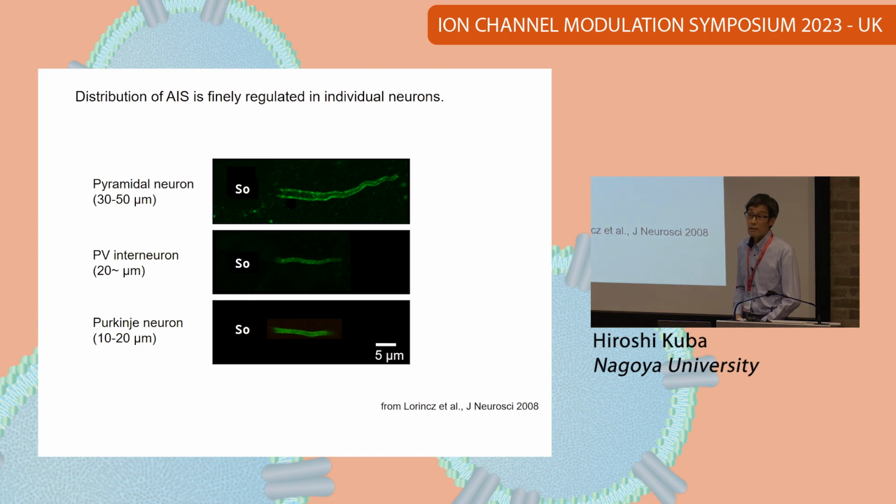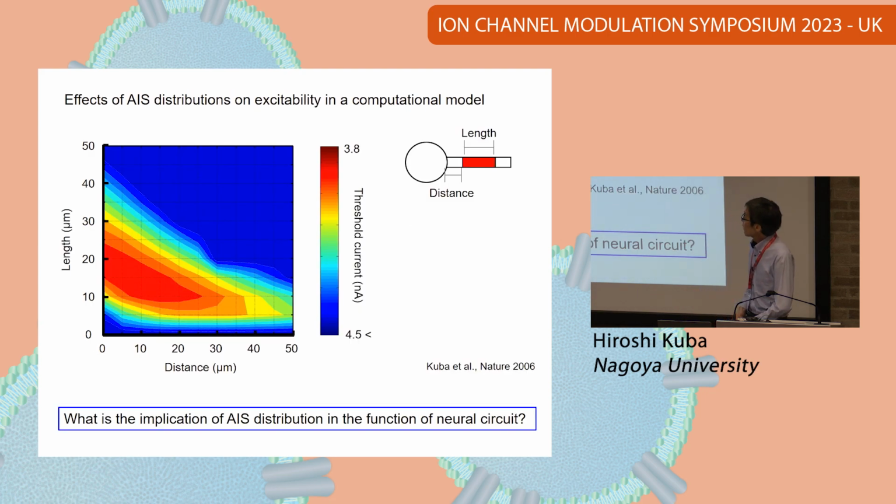Since the AIS is the site of action potential generation, these structural characteristics should have a strong impact on the membrane excitability of neurons. This is a computational model showing the effects of length and distance of the AIS on the threshold current required for generating an action potential. You can see the red area that represents small threshold current and the highest membrane excitability shows a negative correlation between the parameters.